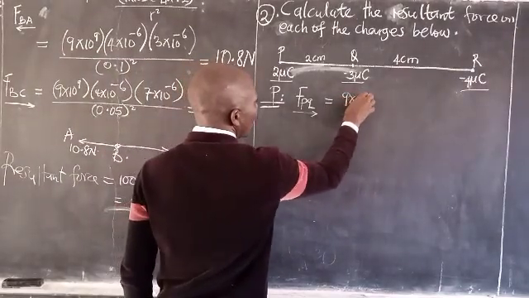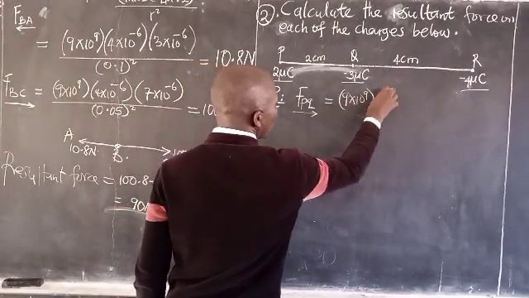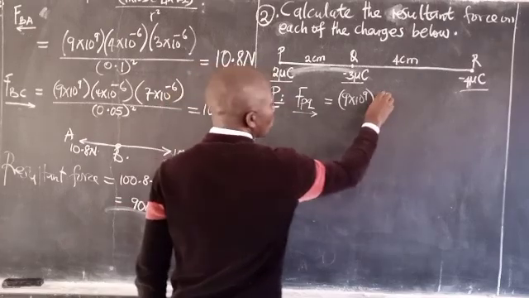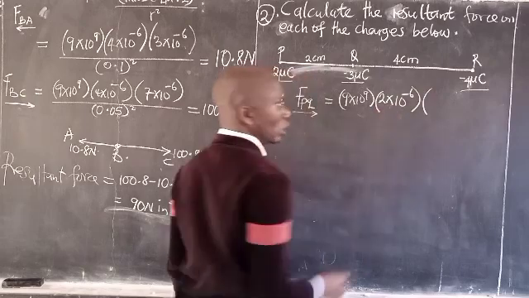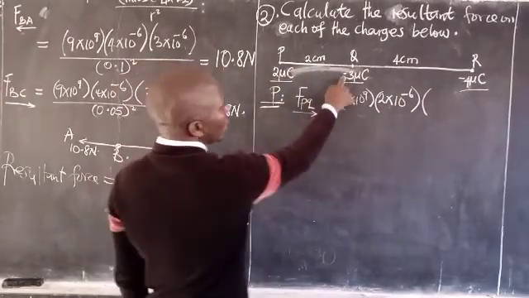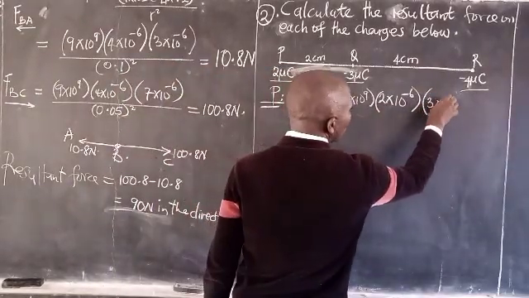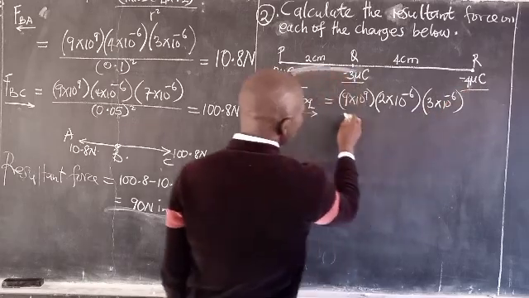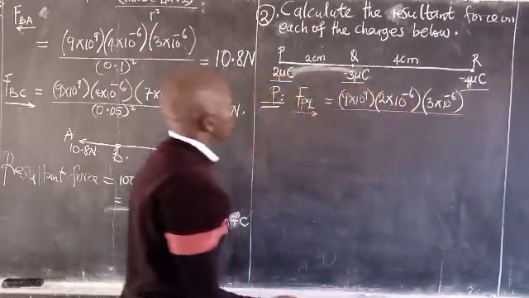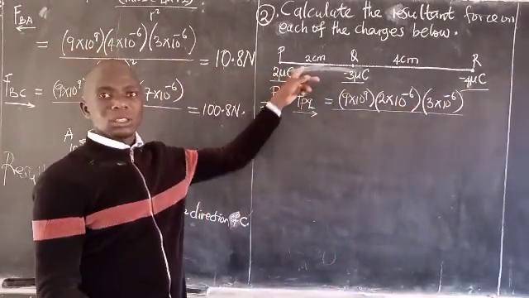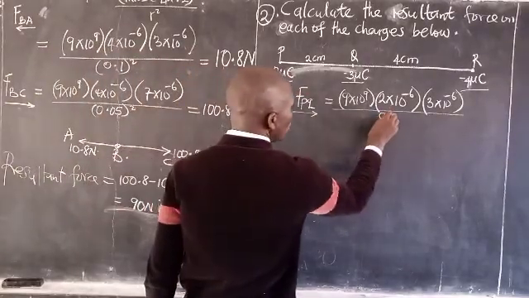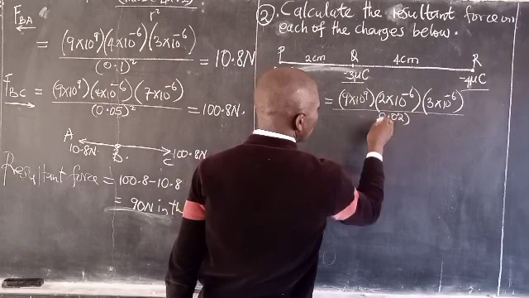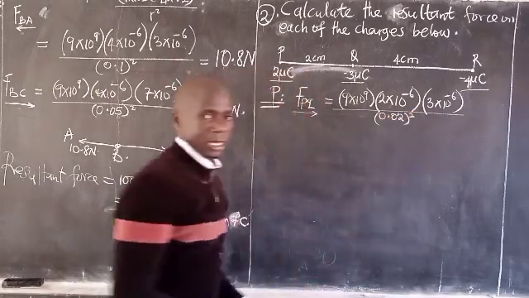9 exponent 9. Then this one, microcoulombs, you have to change to coulombs. Then this 3 also to coulombs. Then the separation is 2 centimeters, which you have to change to meters, and this becomes 0.02, and that is squared.